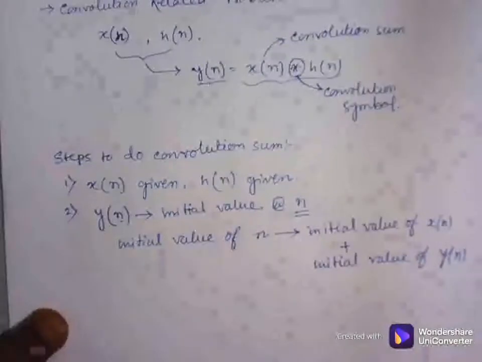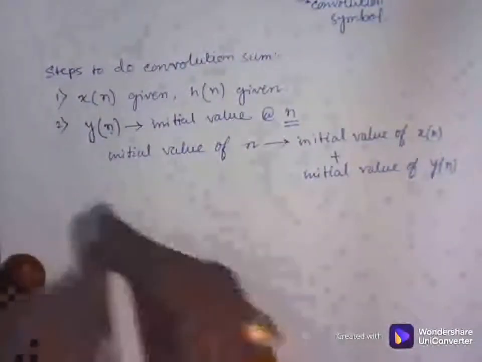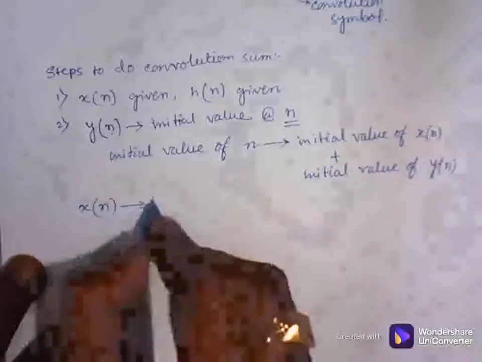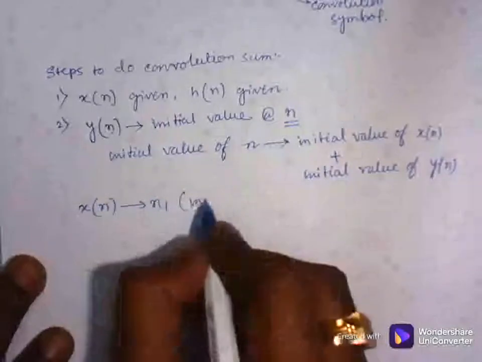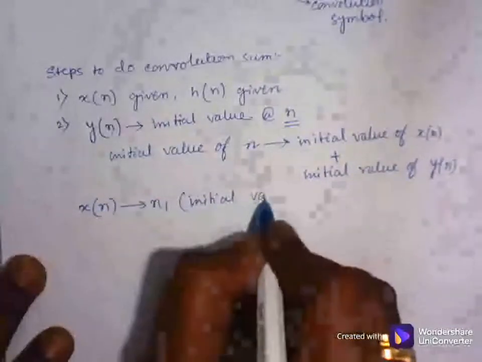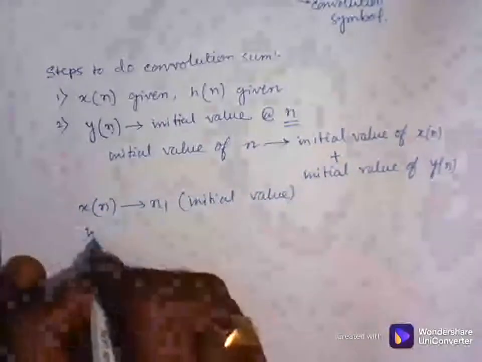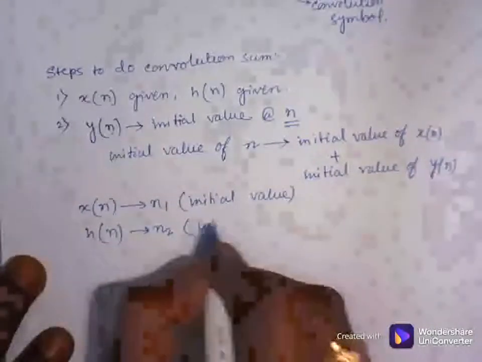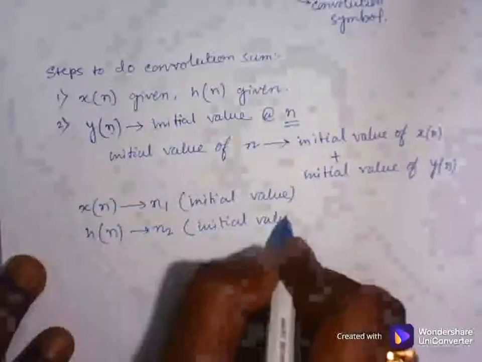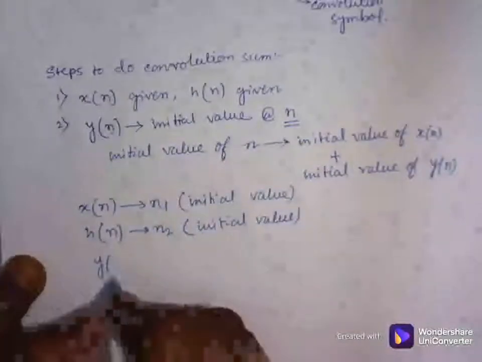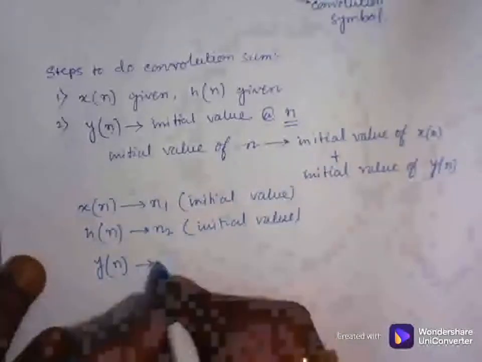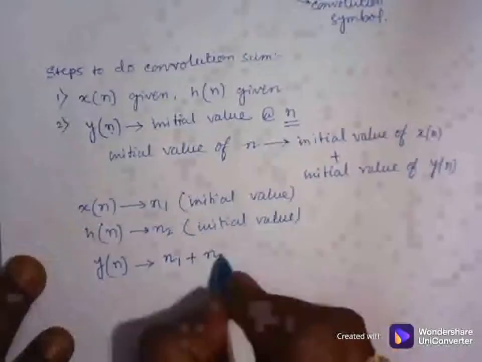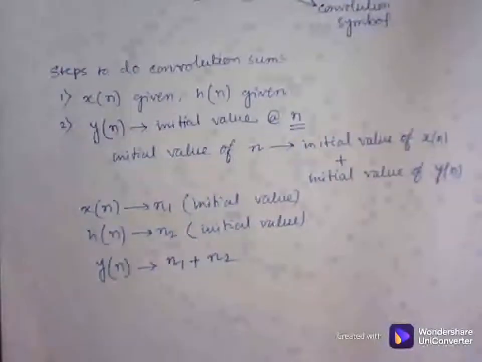That means, suppose the sequence of x of n starts from n1, this is the initial value, and h of n starts from n2, that is the initial value, then y of n has the initial value n1 plus n2.